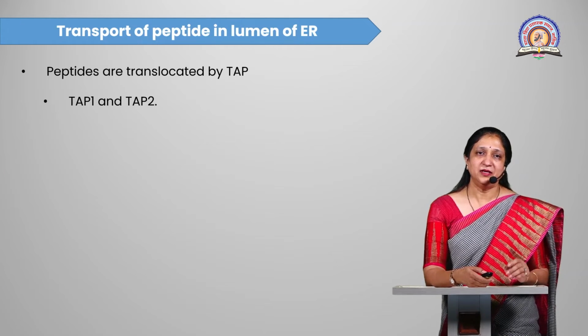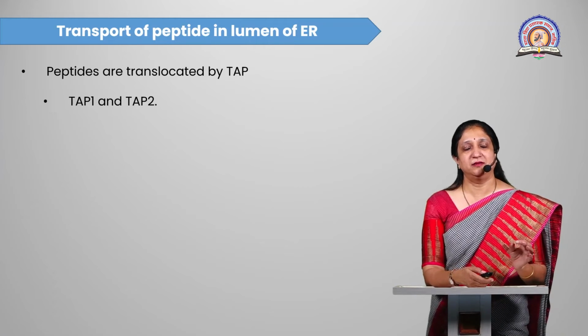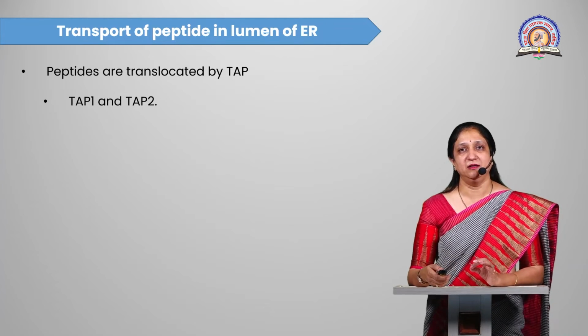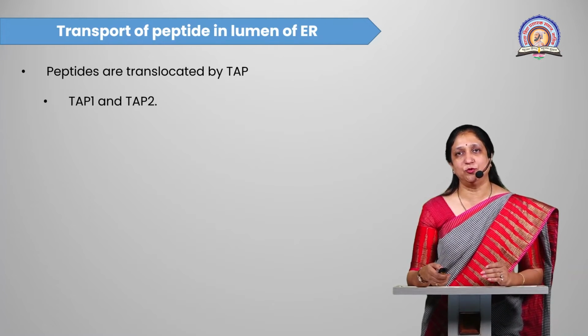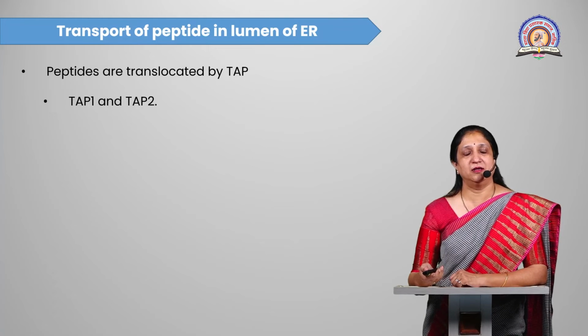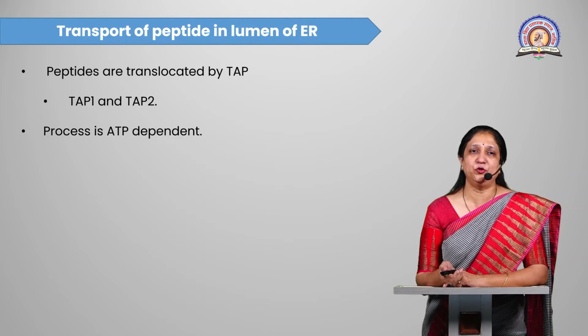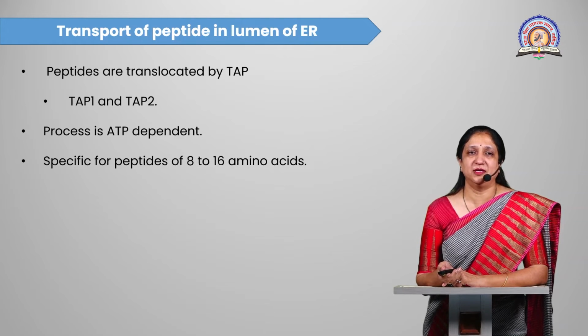TAP is the transporter associated with antigen processing, which helps in the transport of antigenic peptides from the cytosol into the lumen of the endoplasmic reticulum. This TAP protein is made up of two subunits, TAP1 and TAP2.